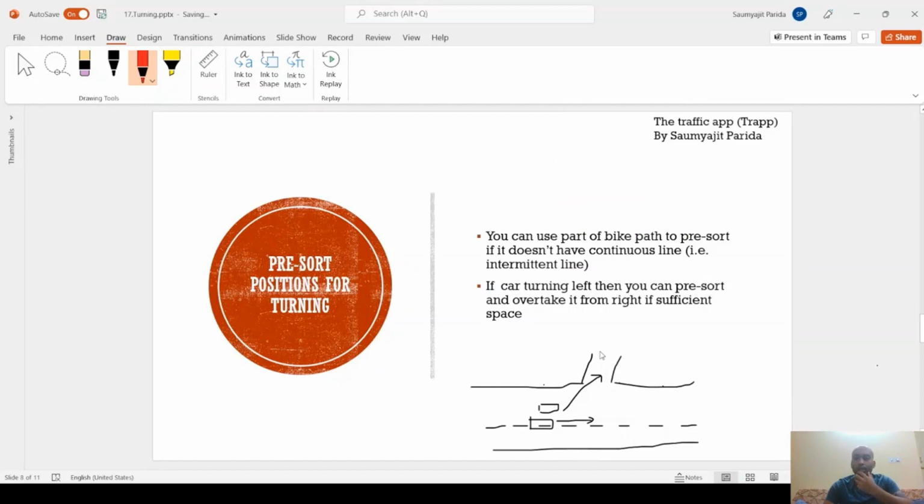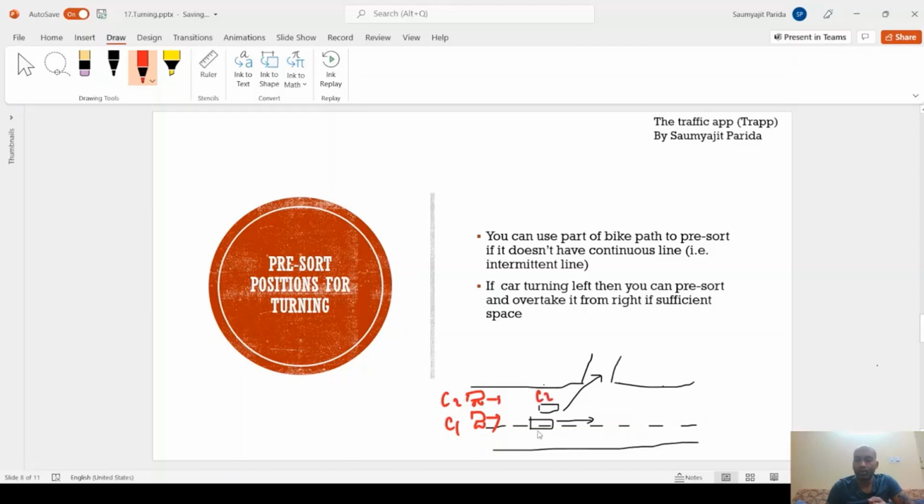Pre-sorting. Suppose I was driving here, and there is another car. This is car 1, and suppose this was going in this direction, car 2.